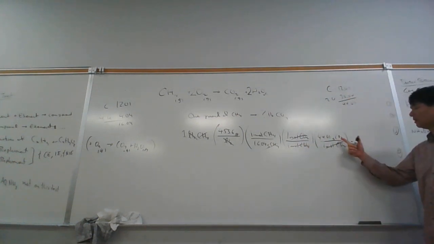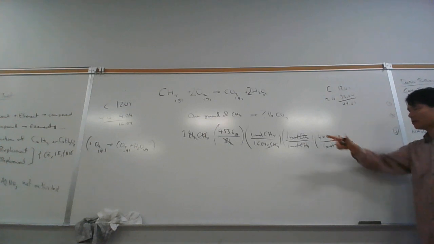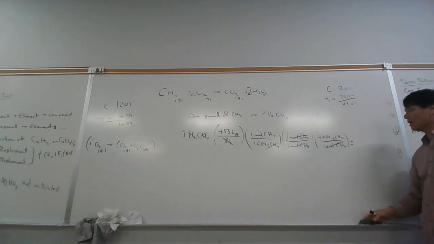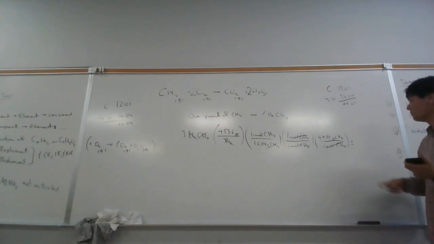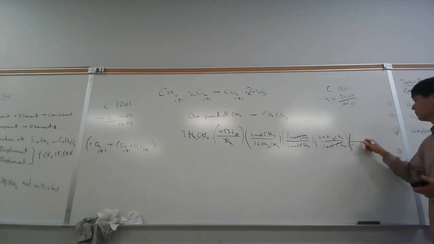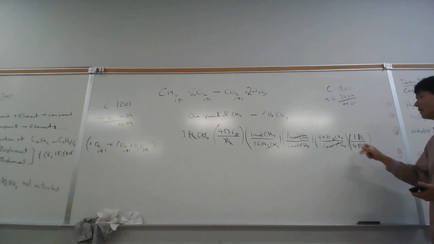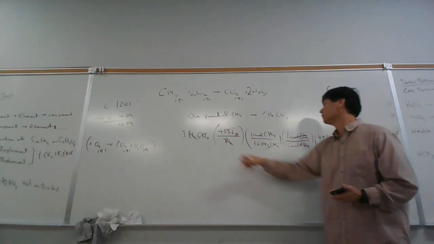I probably don't want to leave this in grams because I'm starting with pounds. I'm calculating 1,244 grams. I probably should convert that to pounds. So let me add one more step to this. And that's 1 pound is 453.6 grams. In fact, I just cancel these out here.